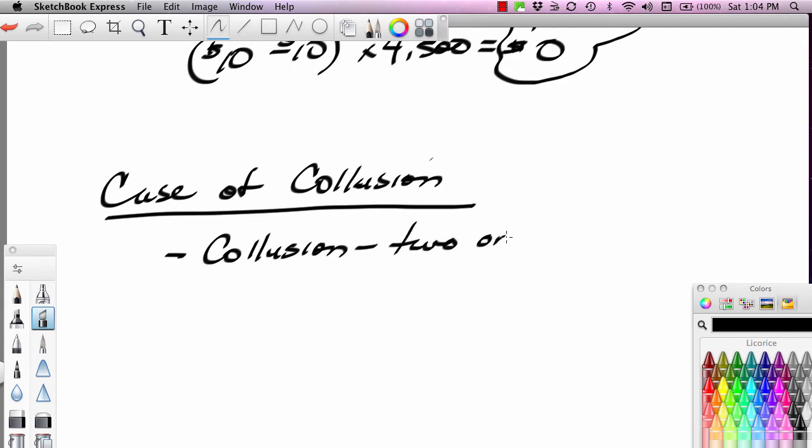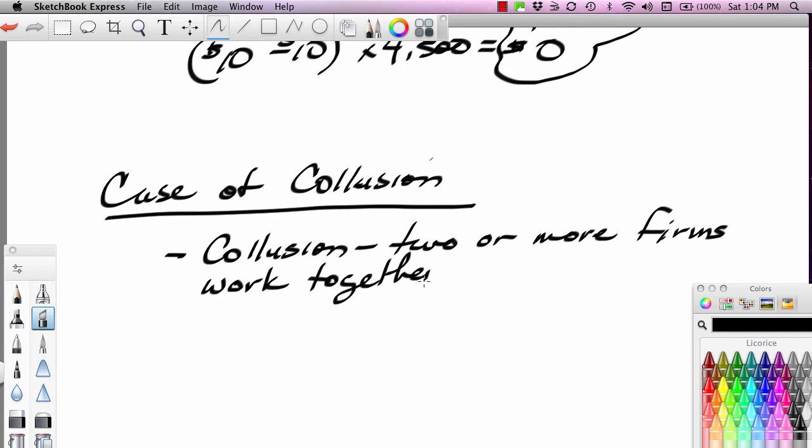Two or more firms, only two in this case, but it could be 3, it could be 4, it could be 5, work together secretly, and this is going to be secret because it's against the law.